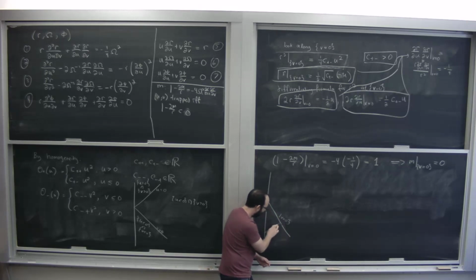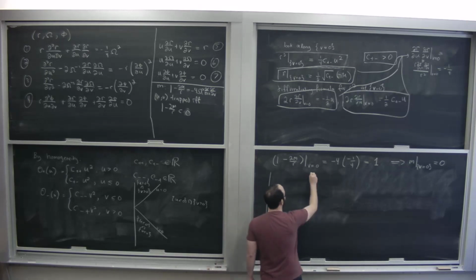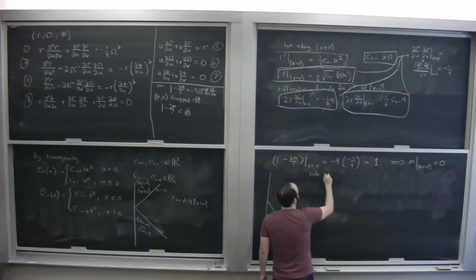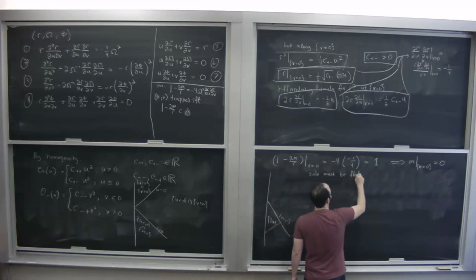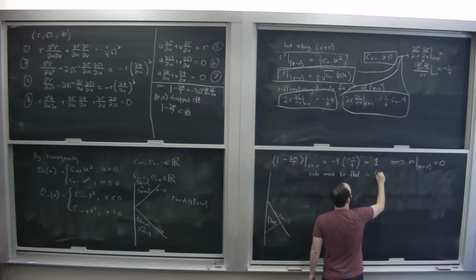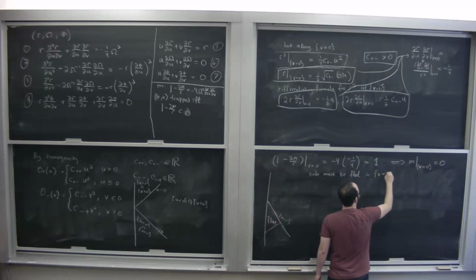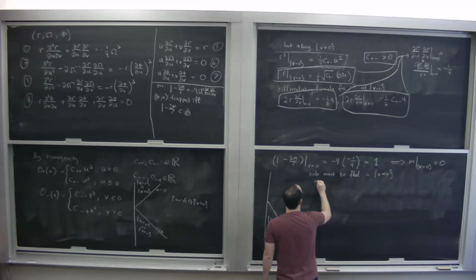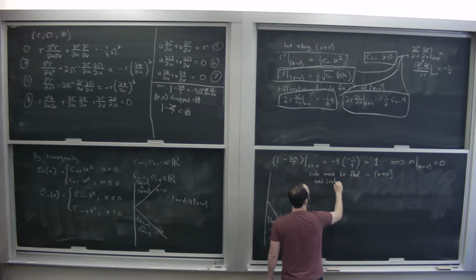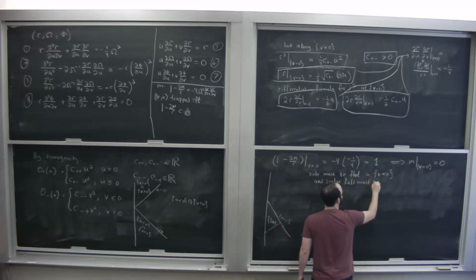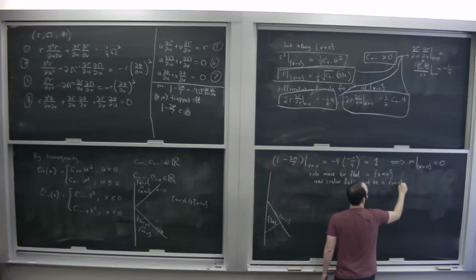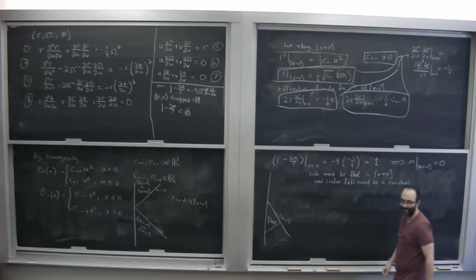So the conclusion is that the solution must be flat in v less than 0, and the scalar field must be constant. That's a consequence of this rigidity that I said before.